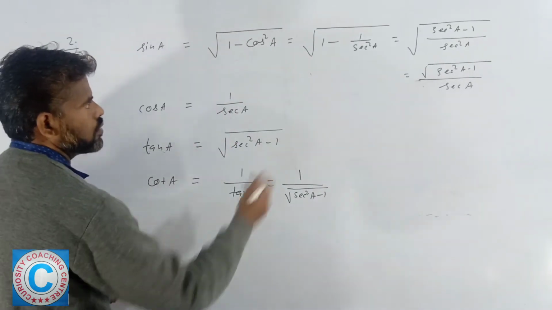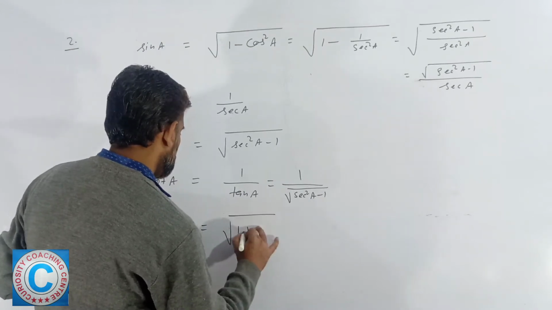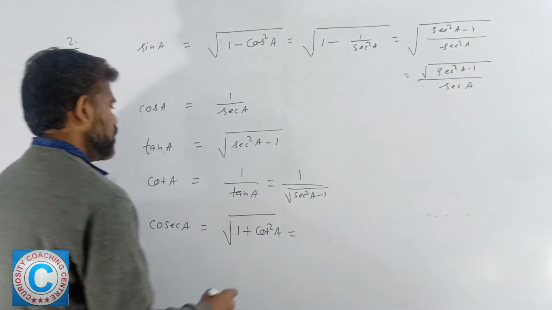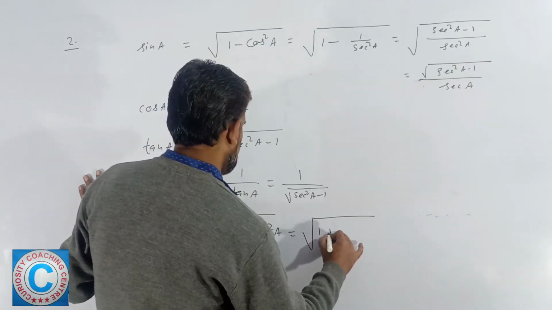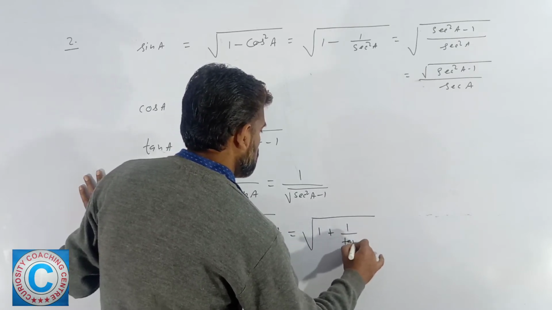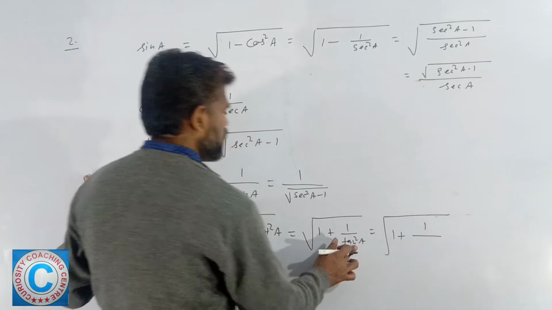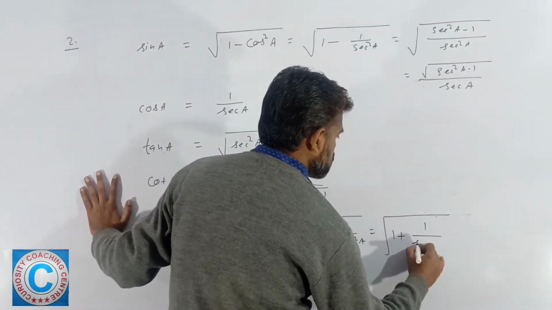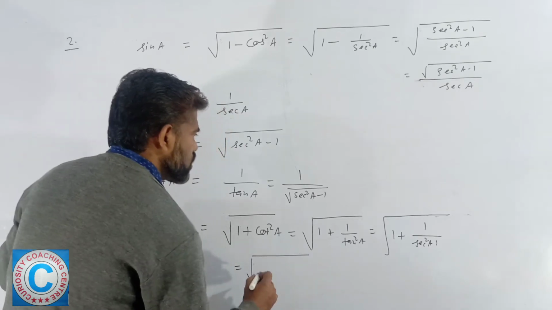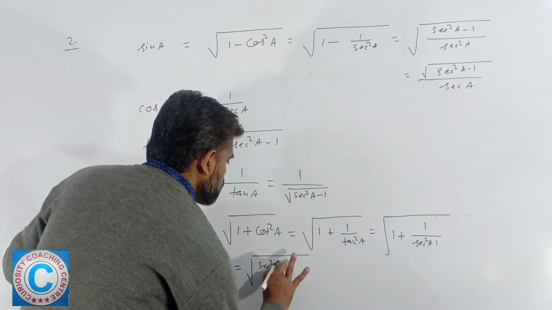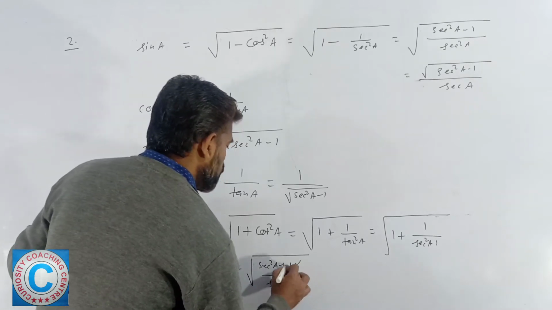Next one is cosec A, which equals square root of 1 plus cot square A, or square root of 1 plus 1 by tan square A. 1 plus 1 by tan square A equals sec square A minus 1 plus 1 by sec square A minus 1. 1 cancels.